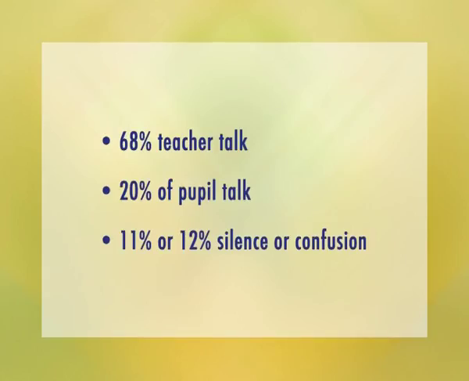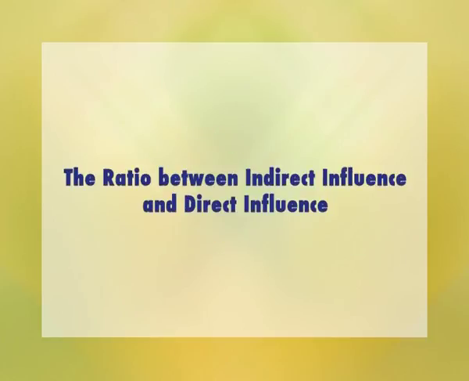After several years of observing, we anticipate an average of 68% teacher talk, 20% pupil talk and 11 or 12% silence or confusion. Number 2, the ratio between indirect influence and direct influence.